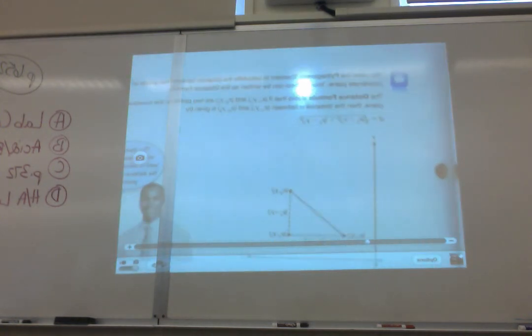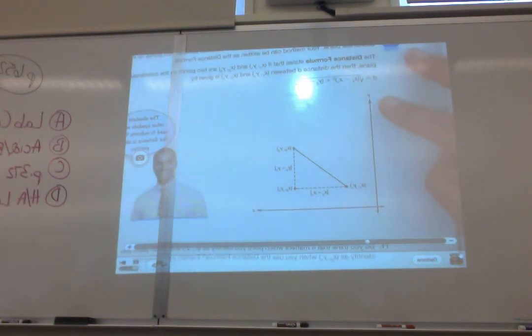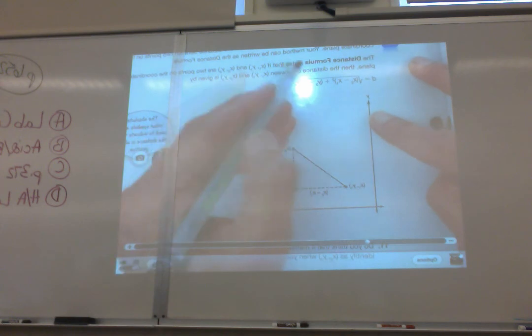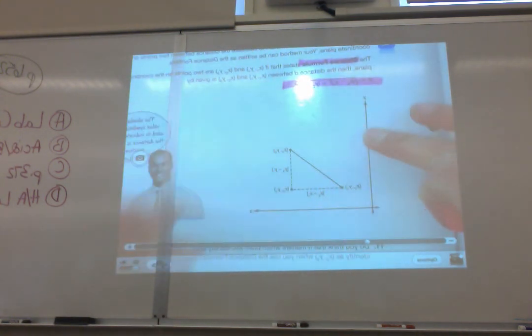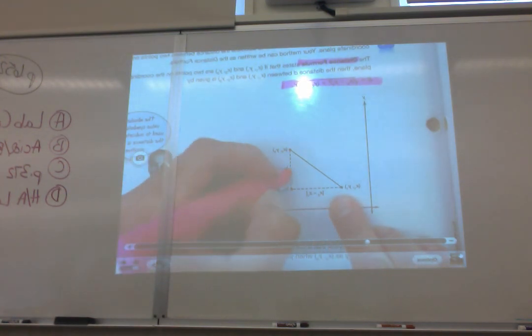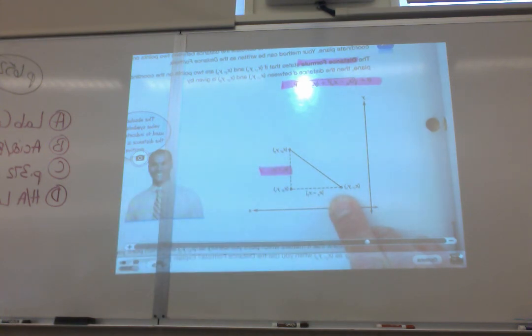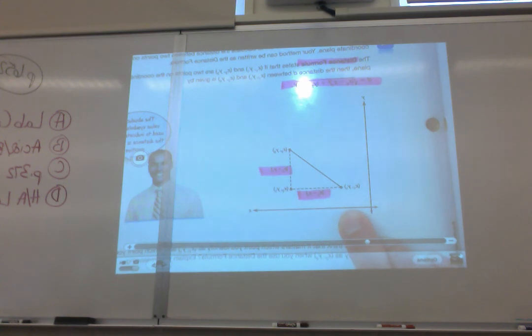Okay. If we look down, what we've just done with Bert, Frida, and Dawn is what's called the distance formula. But here's the key idea. On the legs, on one side, you're subtracting the two y's. On another side, you're subtracting the two x's.